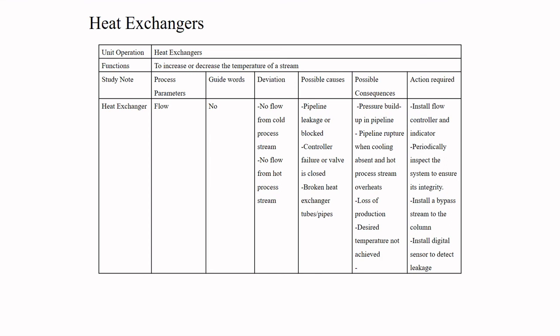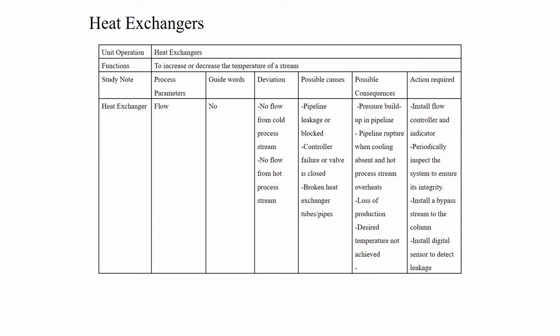The possible causes are pipeline leakage or blockage, controller failure, a closed valve, and broken heat exchanger tubes or pipes. The possible consequences are pressure buildup in the pipeline or pipeline rupture, when cooling is absent the hot process stream overheats, and the desired temperature cannot be achieved.